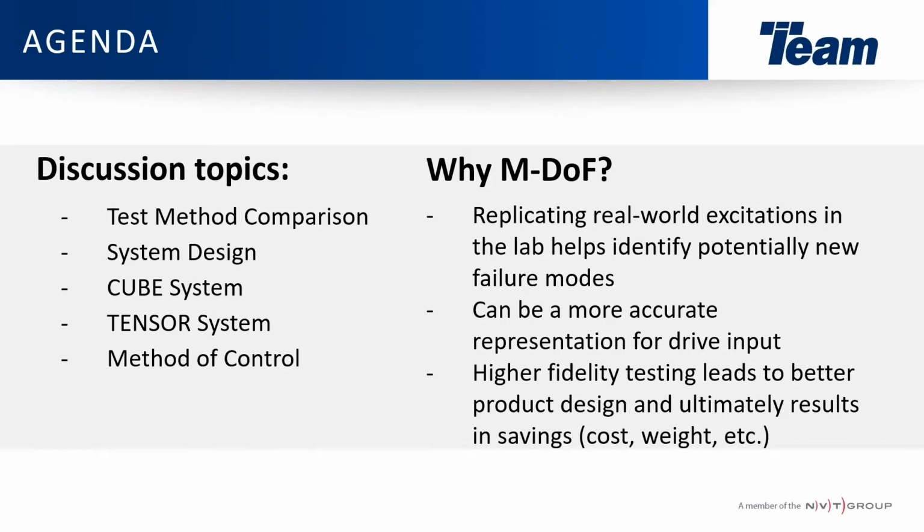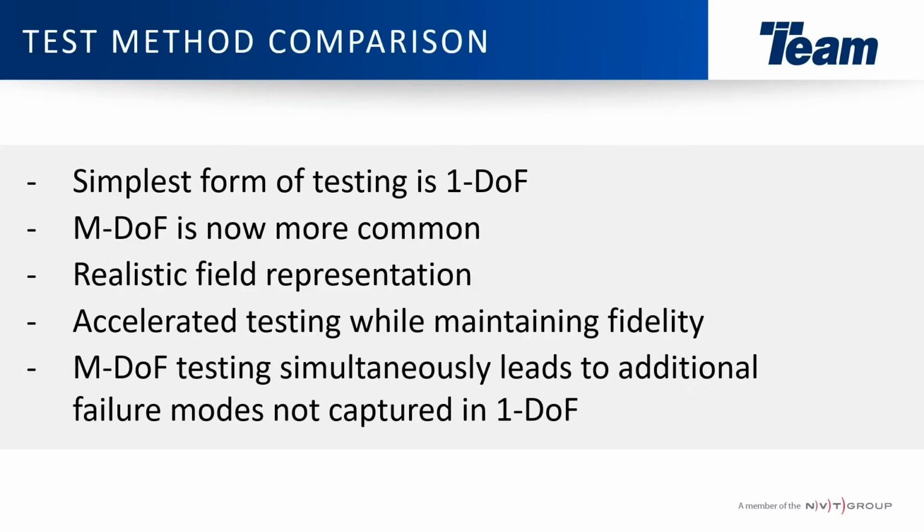So the simplest form of vibration testing could be defined as a single degree of freedom. It's been around 70 years or so. Most test labs will only run single degree of freedom, and multi-degree of freedom is becoming more and more common, whether that's 2 degrees of freedom, 3-DOF, all the way up to the 6 degrees of freedom. The reason: more realistic field representation.